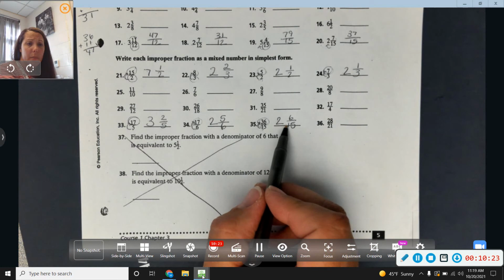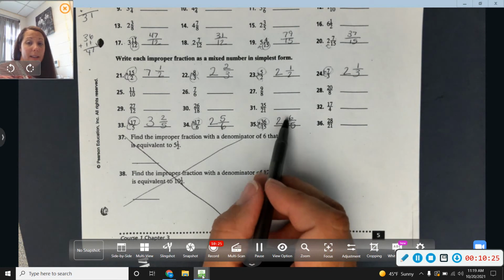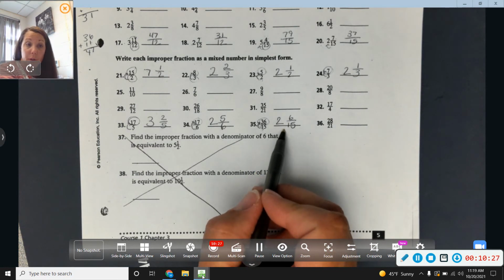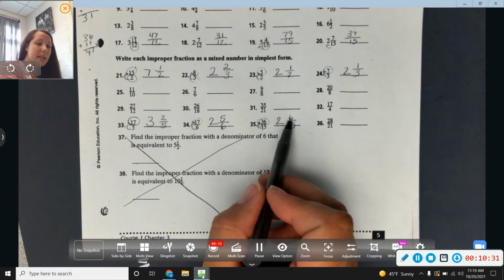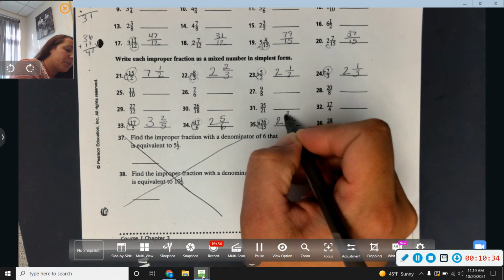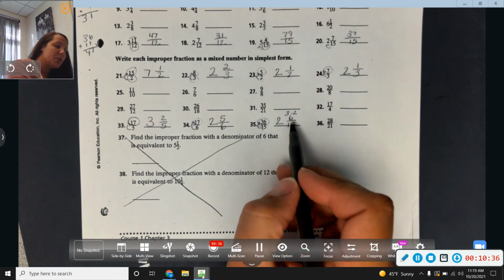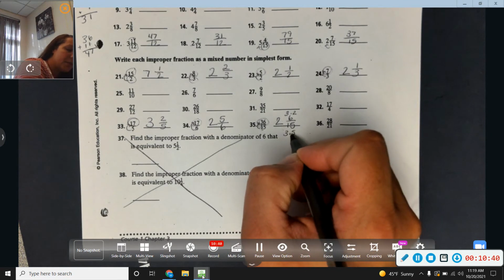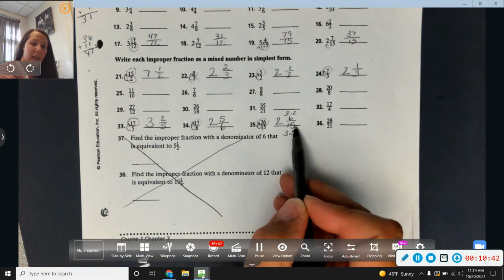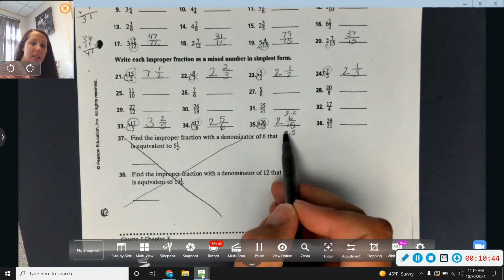This is where Mrs. McCall would like you to start recognizing that this can be reduced further. Okay? So, because there's a 6 on top and a 3 times 2 makes 6, and a 3 times 5 make 15, I recognize that I can divide a 3 out of both of them.